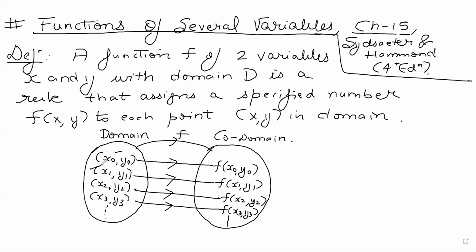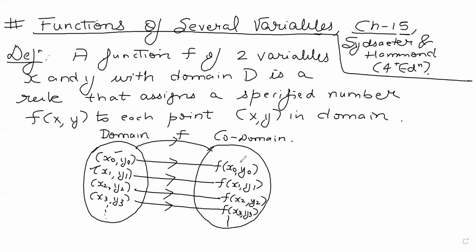So now my function is mapping the vector in 2 dimensions to a real number. f of (x0, y0) is a real number. f of (x1, y1) can also be a real number, and so on.